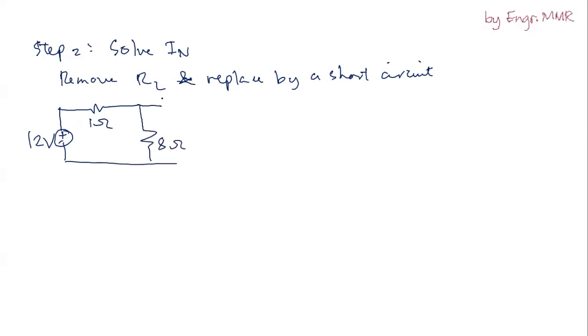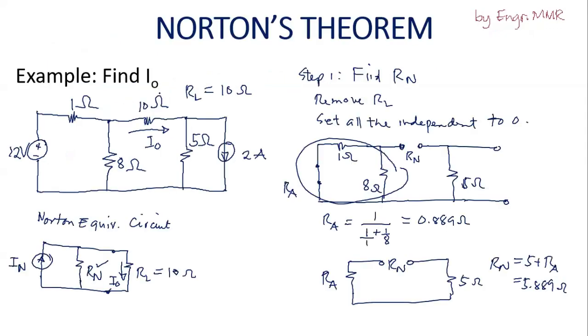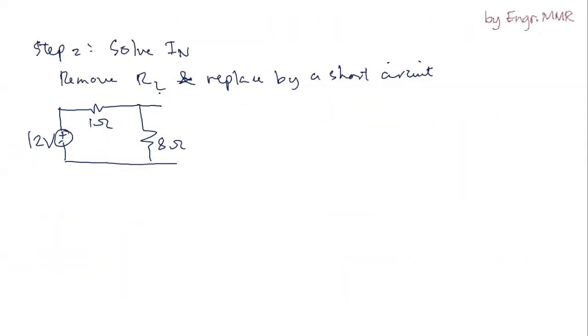Then the 10 ohms will be replaced by short-circuited terminals. We remove the RL and replace it by a short circuit. And then we have the 5 ohms and the current source, the 2 amperes.